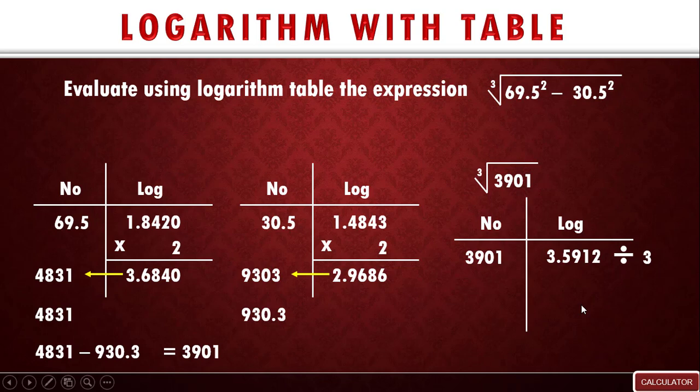Okay, the next thing to do is ask yourself the question, the characteristic here, is it positive or negative? If this characteristic is positive, that means we can use our calculator to solve this directly. But if it is negative, that means you need to simplify the expression.